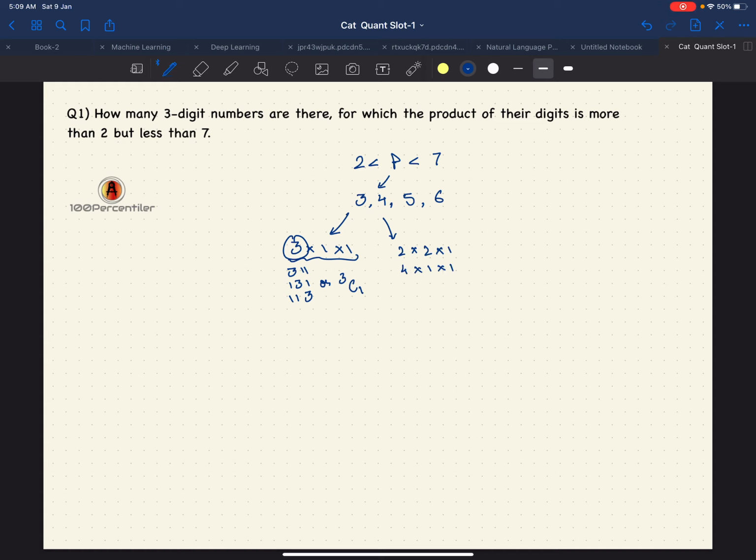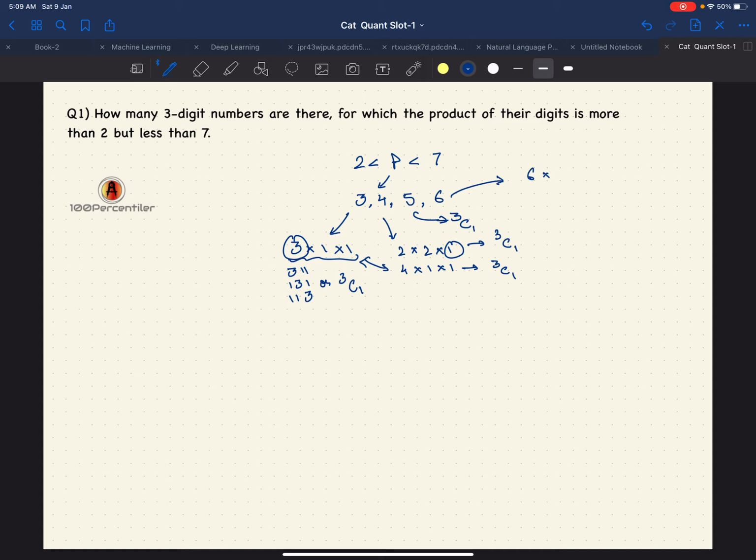Once again, just like the previous case, the 4 cross 1 cross 1 will have 3C1 solutions, and here the distinct digit is 1, so again we will have 3C1 solutions. 5 is very similar to 3, so we can write it as 5 cross 1 cross 1, and again there will be 3C1 possible numbers.